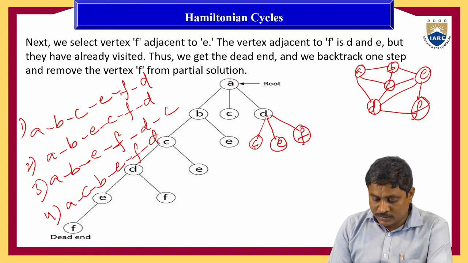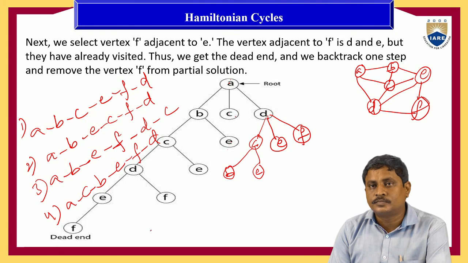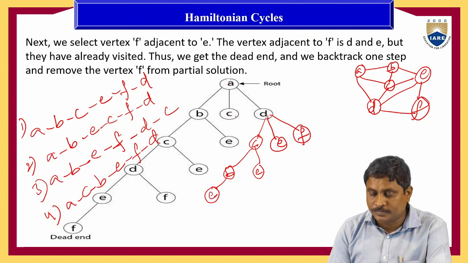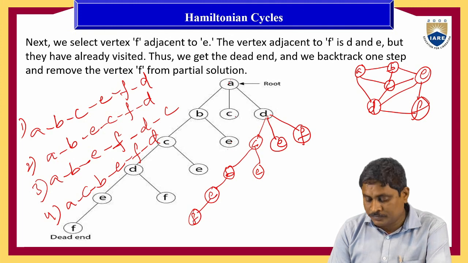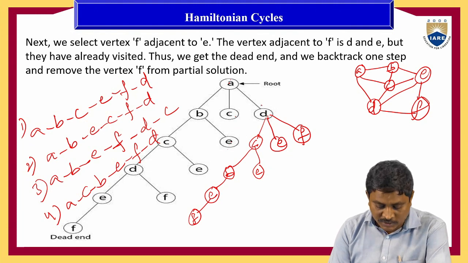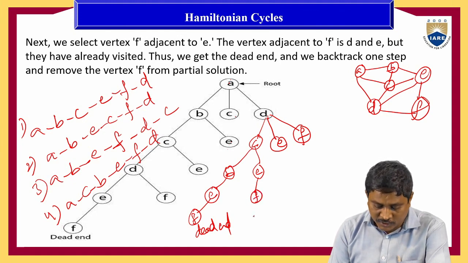D to C. C is adjacent to B, E. Now B is adjacent to E, E adjacent to F. So again F adjacent to D, D again it repeats. So it also forms a dead end. C adjacent to E, E is adjacent to F. F adjacent to D means D again repeated, so it also forms a dead end.